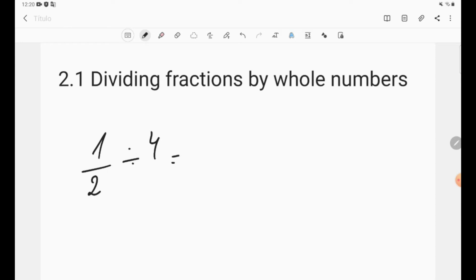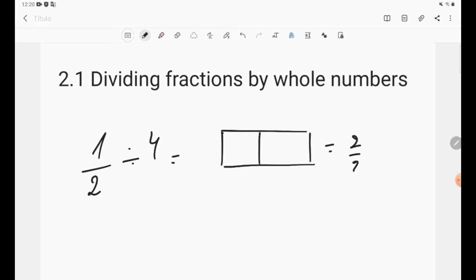We represent this fraction 1 over 2. It will be something like this. 2 parts. This is so bad. 2 parts. 1 over 2, 2 over 2, 2 parts. So this is 2 over 2.